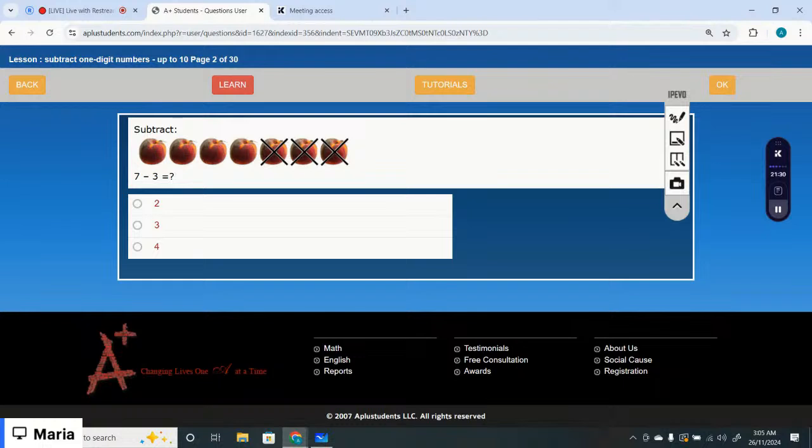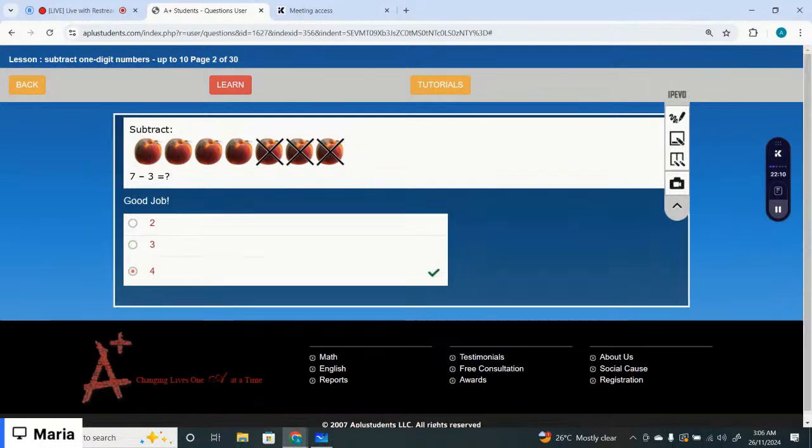So 7 take away 3 equals 4. The correct option is 4. Option number 3 is the correct option.